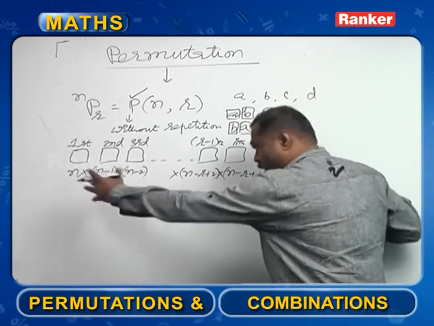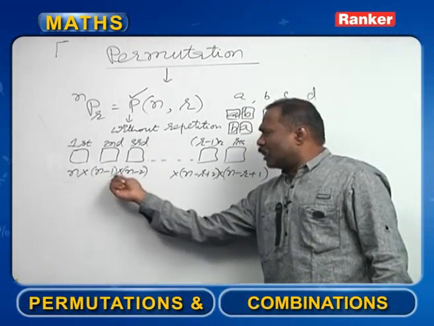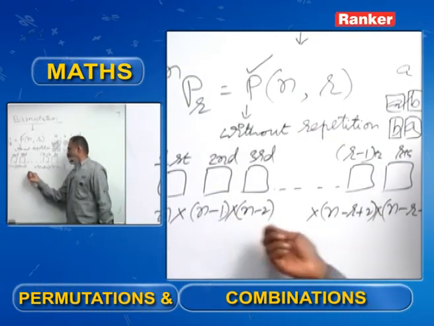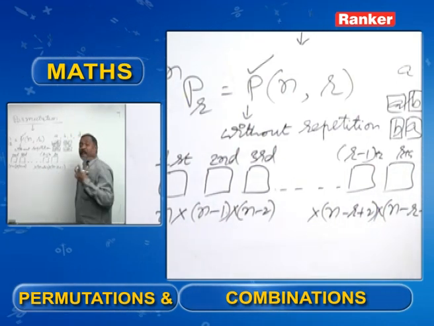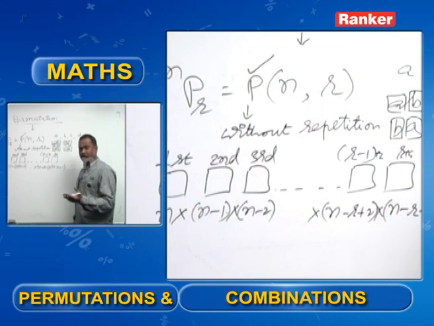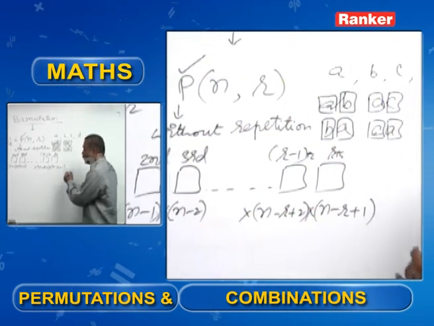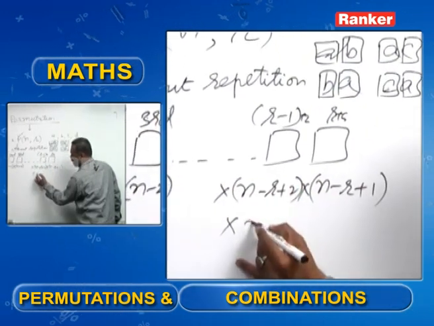Now, for the sake of convenience, you can observe that in each term it is reduced by 1. That is, these are in descending order. So what we do, we want to make it a factorial. You know the meaning of factorial. So we will multiply this total product with the next term.